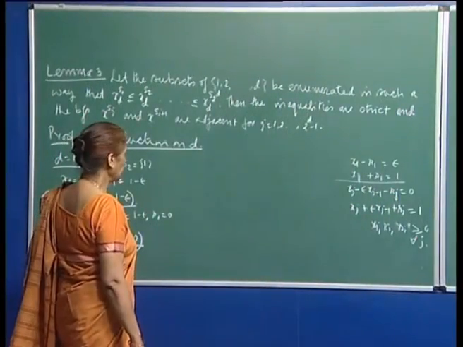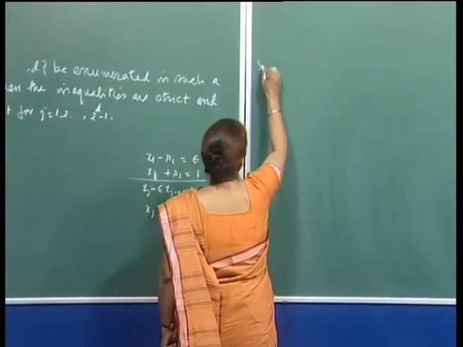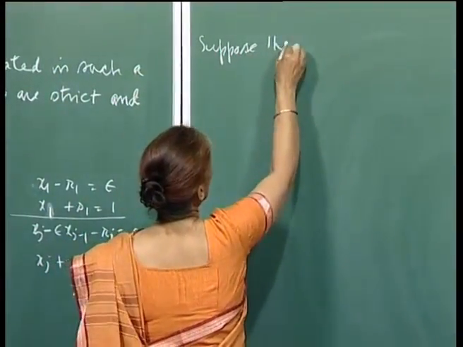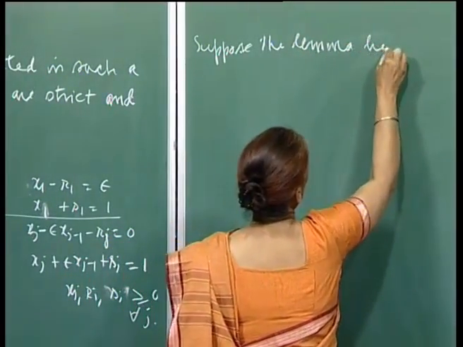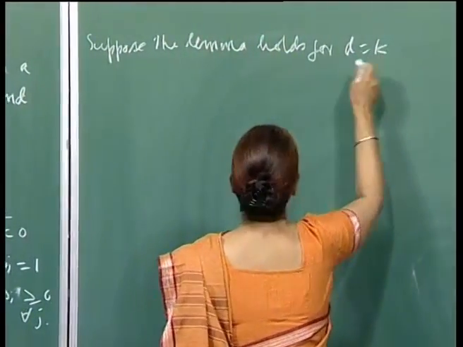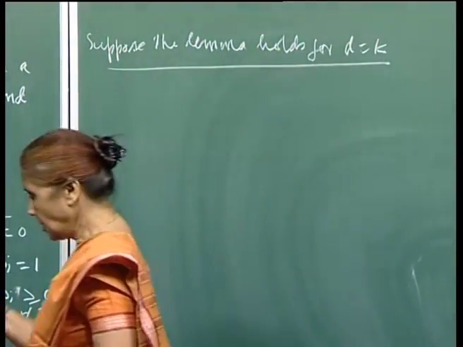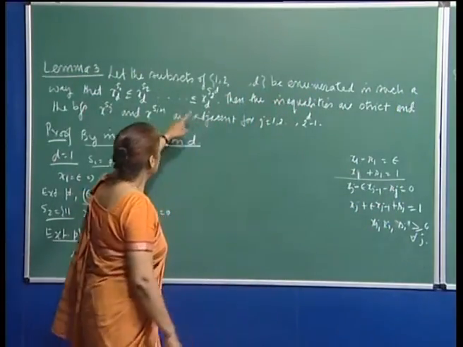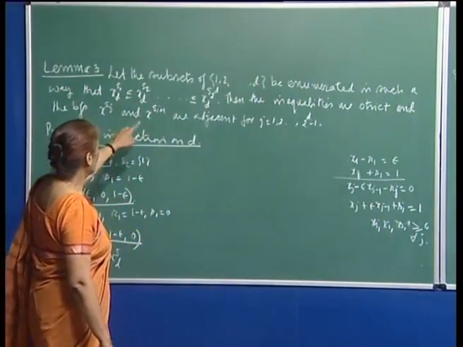Now, we will assume that the lemma holds for d equal to k. Okay. Suppose the lemma holds for d equal to k, which means that I can enumerate the subsets here, 2 raised to k subsets with this property, and the corresponding these things are adjacent and so on.